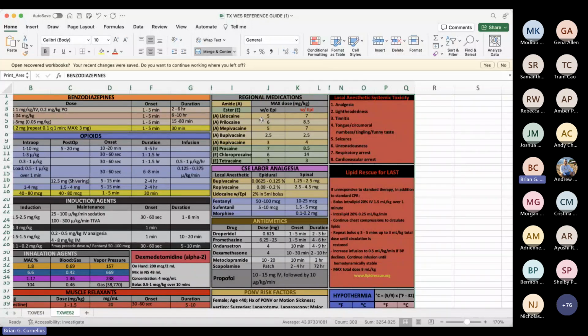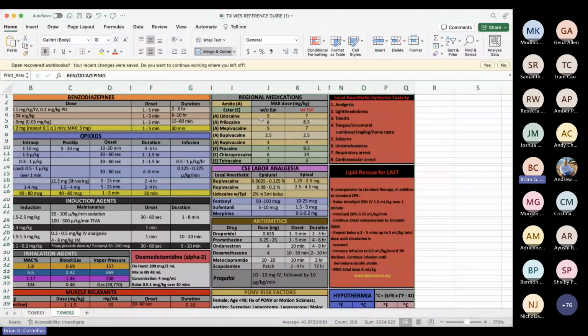Other things you may see, what can we do to prolong the duration of action of our local anesthetics other than using a longer acting agent? Yeah, you can add epinephrine to this. What if I want to speed the onset of my local anesthetics? What can I do to make them have a faster onset? Yeah, bicarb.